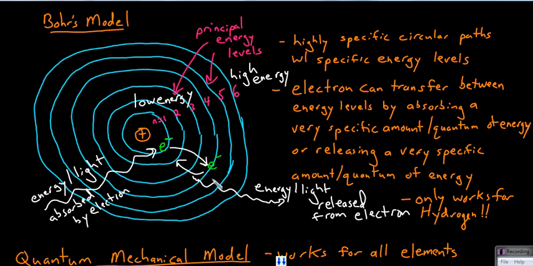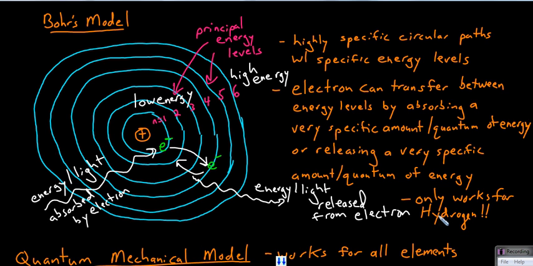It does show very specific energy levels, and in fact, on all elements, there are very specific energy levels. However, this model is very simple. It's only showing certain energy levels, and there are only this small number of energy levels for the simplest of all elements. This only works for hydrogen.